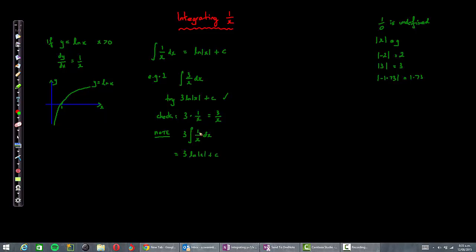But sometimes it is actually quite handy to be able to pull any constant like this out the front of the integral. In fact, that can be done not only with these rational functions, but trig, exponential, or other functions. Okay, let's have a look at a second example.